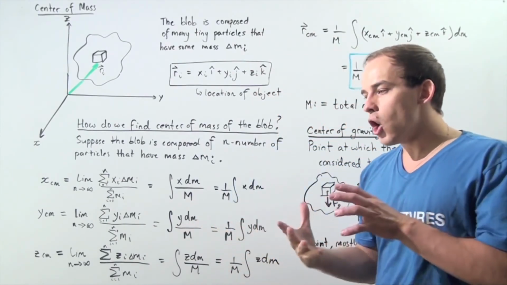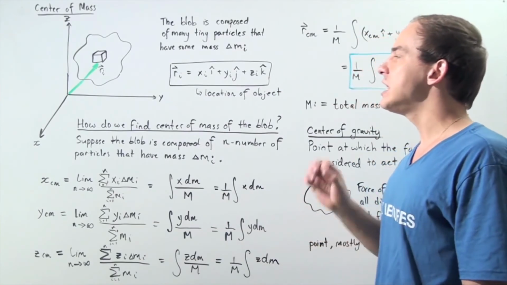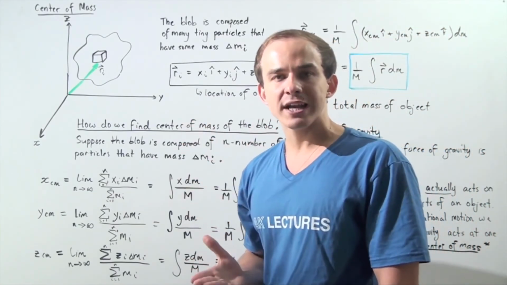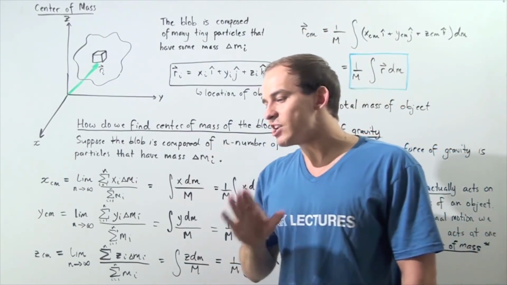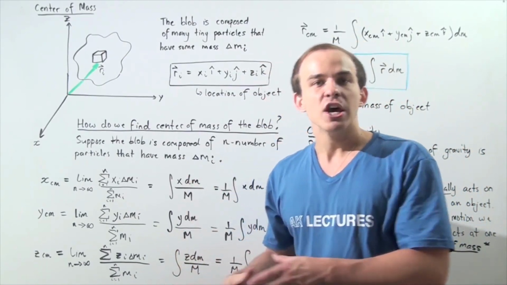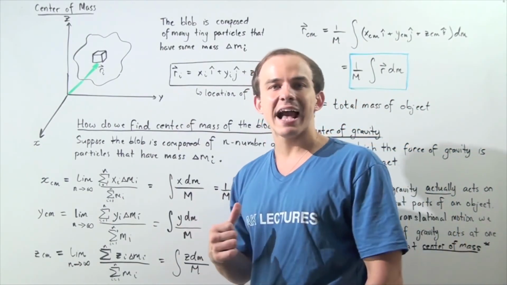So, as long as the object isn't that large, we can make the assumption that the center of mass and center of gravity of our object coincide. They're exactly the same. Now, this is not always the case, because for very, very large objects, the center of mass and center of gravity will not be exactly the same.